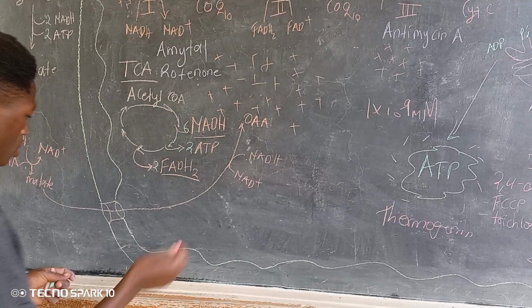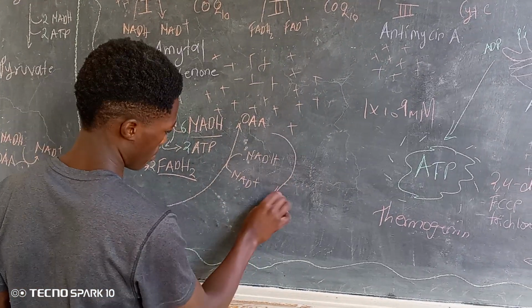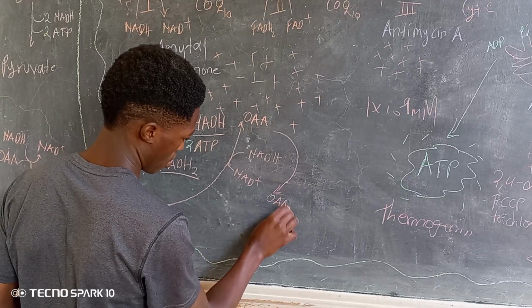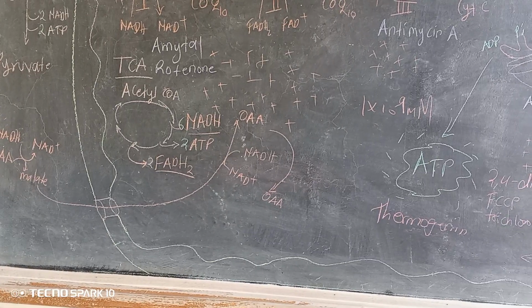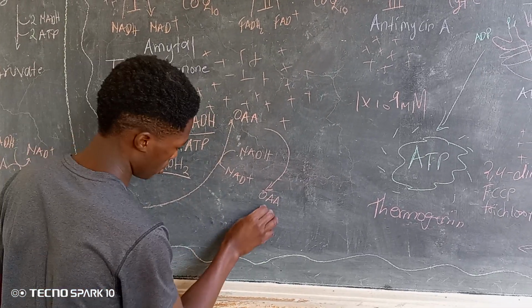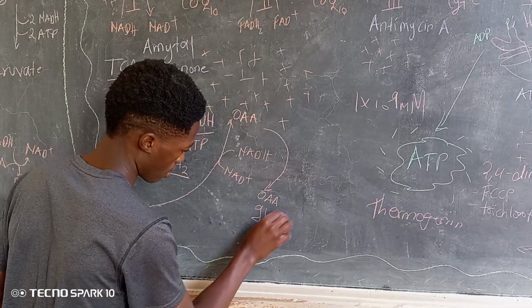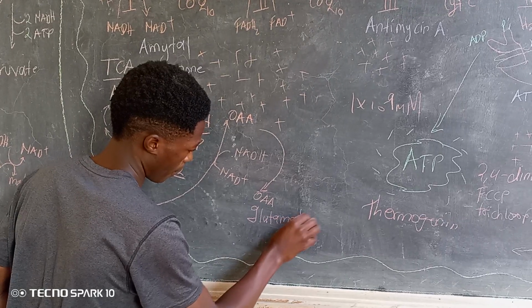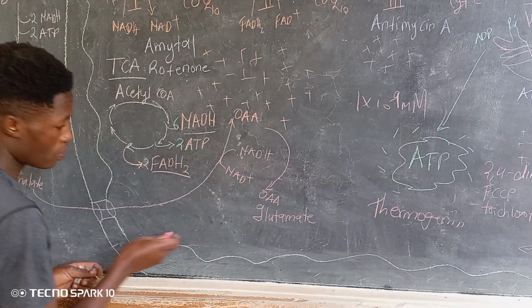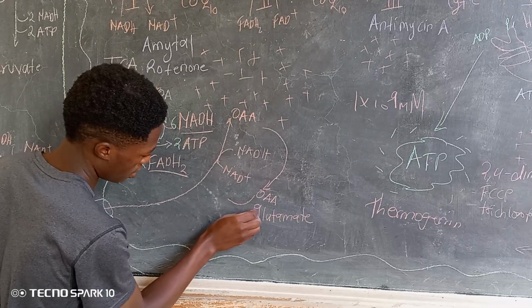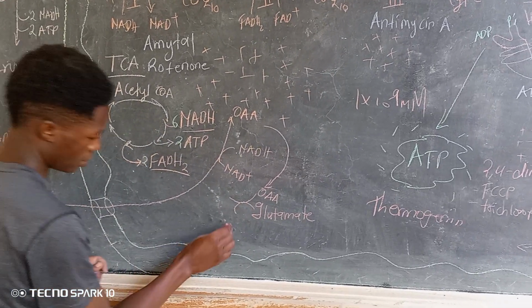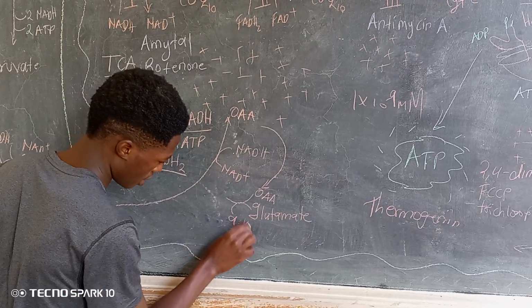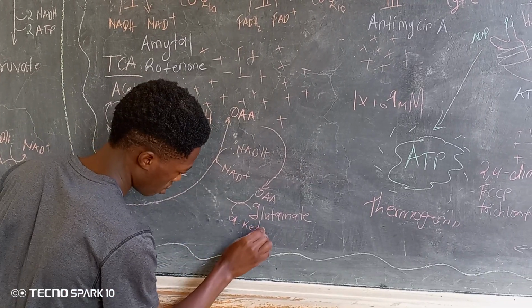What are we going to do? So, we have our oxaloacetate here. Now, oxaloacetate is going to react with a molecule. What's the name of that molecule? Glutamate. When oxaloacetate reacts with glutamate, glutamate is going to be converted to alpha ketoglutarate.